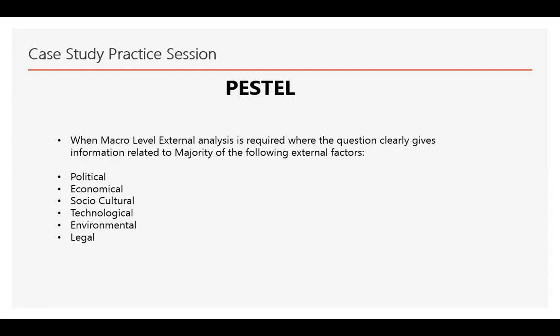Then comes the technological factor. It may give you information about the type of technology available, how technological changes are happening, and whether the company is technologically advanced or growing from a technological point of view. So in some way or the other, there will be information about technology.